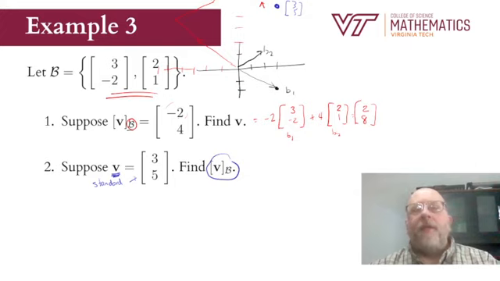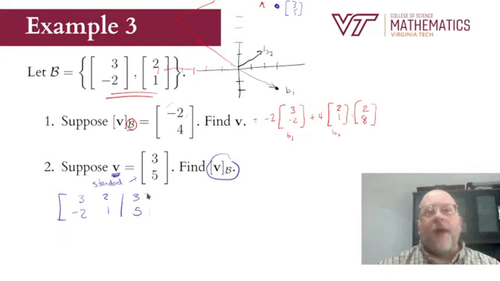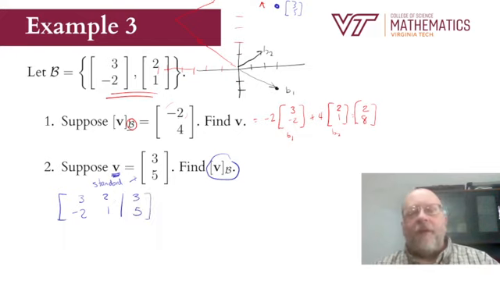How do we describe the location of that point in terms of B? Well, then we need to figure out a combination of these 2 vectors that adds up to (3, 5). But if they add up to (3, 5), that sounds like a system of equations. That is, we're going to take (3, -2), (2, 1), augment this with (3, 5), and we're going to try to solve this.